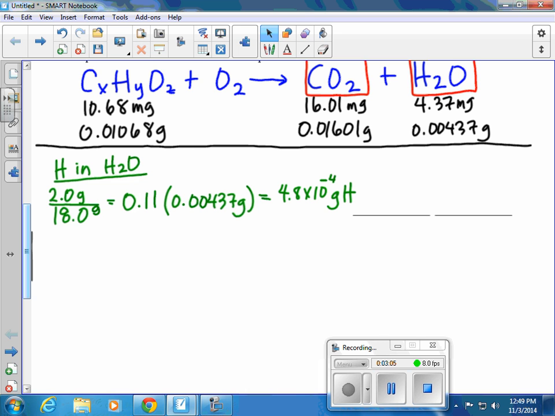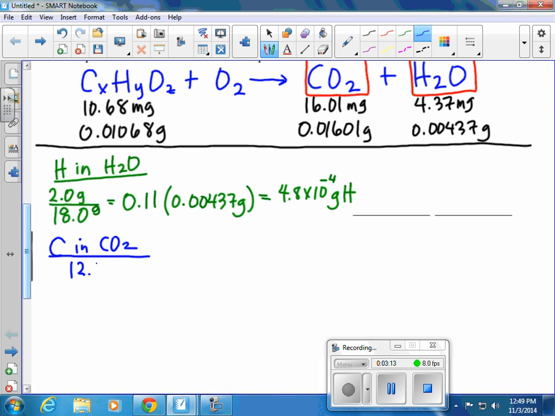So I'm going to do the same thing. I'm going to find the amount of carbon in carbon dioxide. So when I take a look at this, I know that my mass of carbon is 12, and in carbon dioxide is 44, not 4.4, should be 44 grams per mole, and that's going to give me a percent of 27.3 or 0.273.